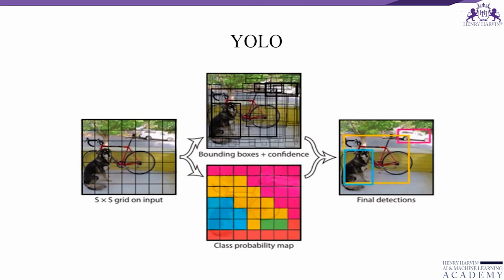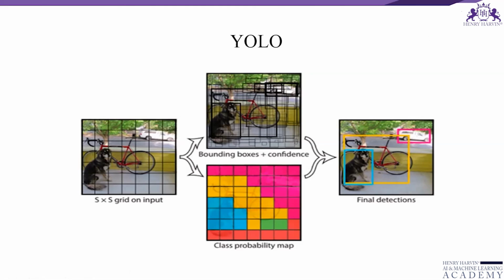It looks at the image once, in the sense that it requires only one forward propagation pass through the neural network to make predictions. After non-max suppression, which makes sure the object detection algorithm only detects each object once, it then outputs recognized objects together with the bounding boxes.